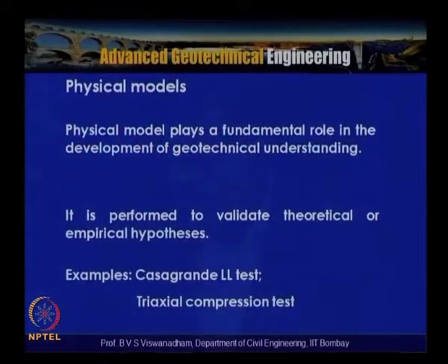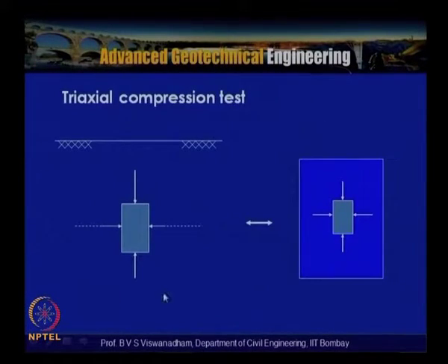A similar example is the triaxial compression test. Let us say we have a sample collected at a certain depth, and before its collection the sample is subjected to vertical stress and horizontal stress. At elastic equilibrium, the relationship between them is sigma h equal to k sigma v.